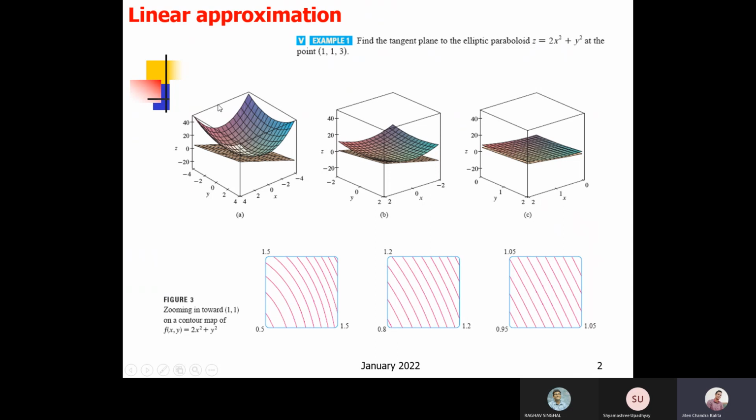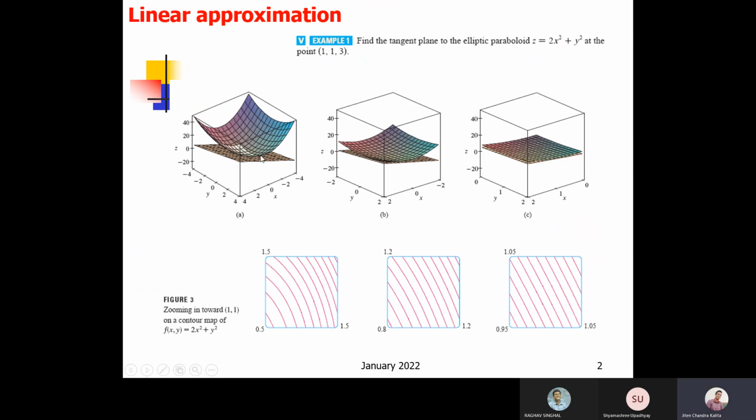Now this one is the surface 2x squared plus y squared. This is the graph of the function f of x, y given by 2x squared plus y squared. And at this point, this is the tangent plane. So now what is being done here?